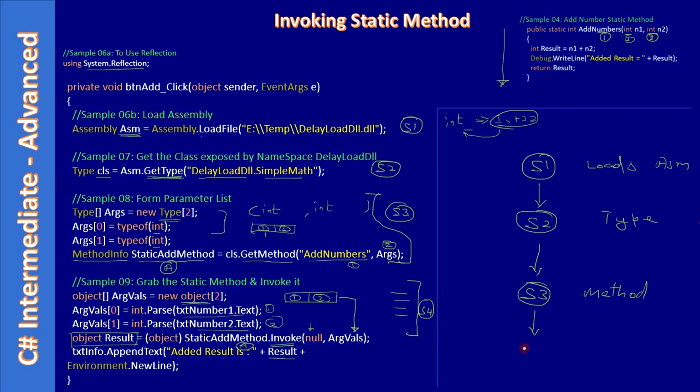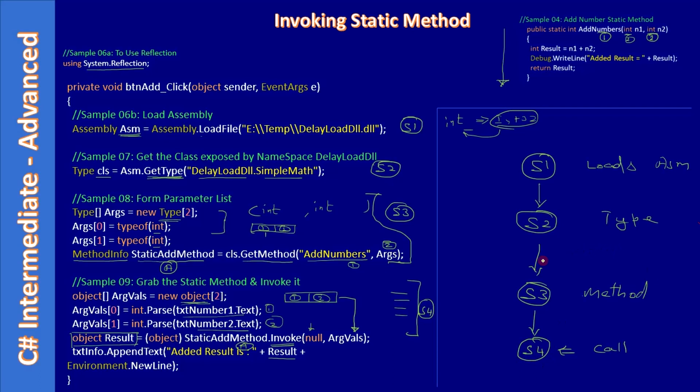Then finally we make a call to the method, and since this requires parameters, we found the parameter values and passed them. So that's the whole sequence in static method invocation: load assembly, get the type, get the method, then make a call.